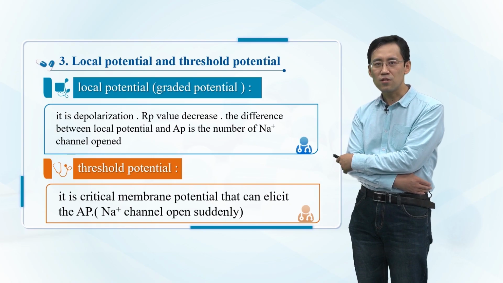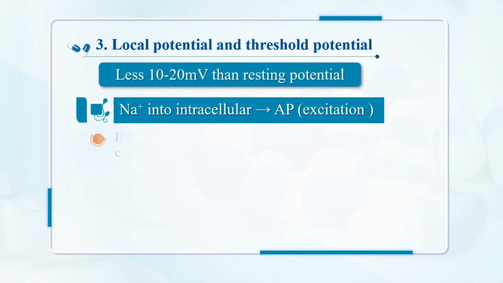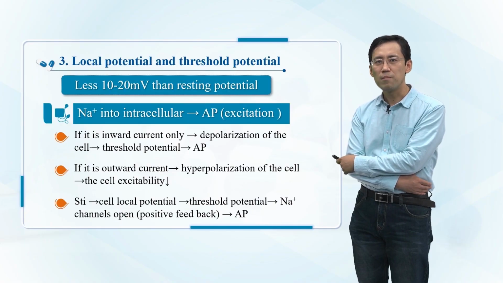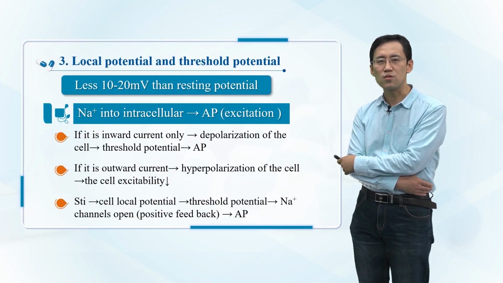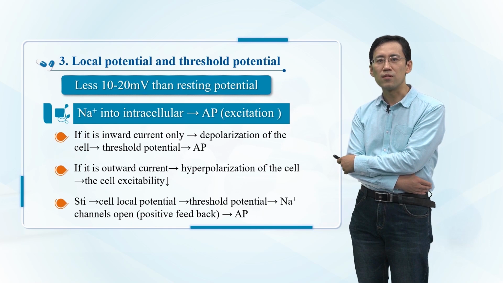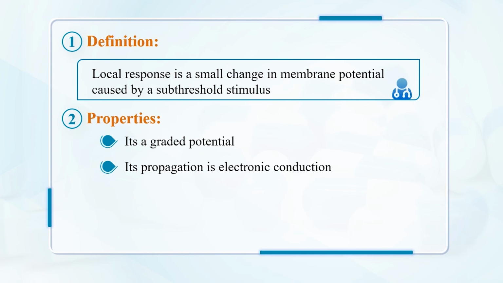That means the sodium channels opened suddenly. Generally, it is 10 to 20 millivolts less than the resting potential. It can trigger sodium ions to flow into the intracellular side. That means excitation.